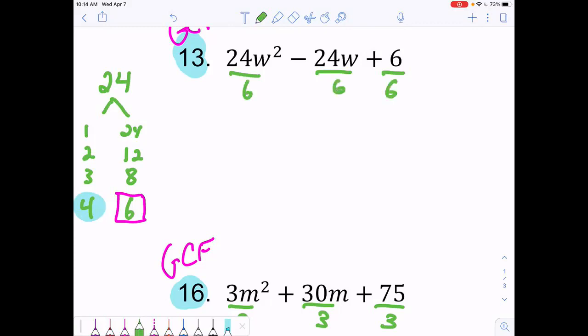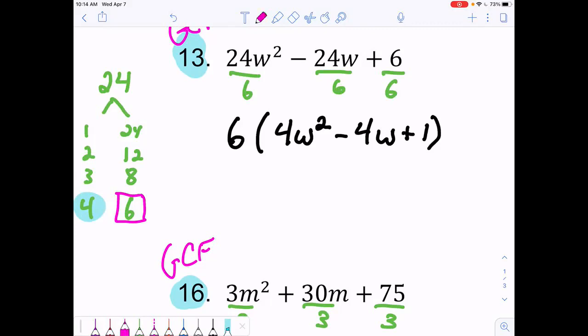So Bill, what do we get when we take that 6 out? Well, give us the variables as well, please. Good. So what's your A, what's your B? Don't forget your variable. 2w, and then the square root of 1 is just 1.